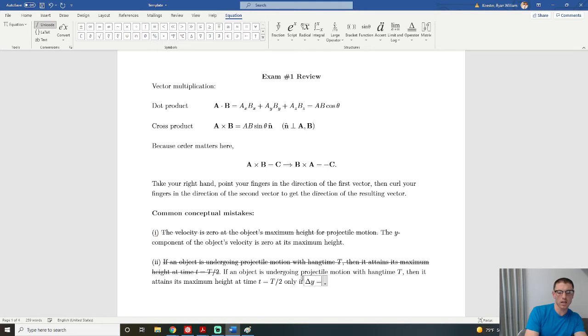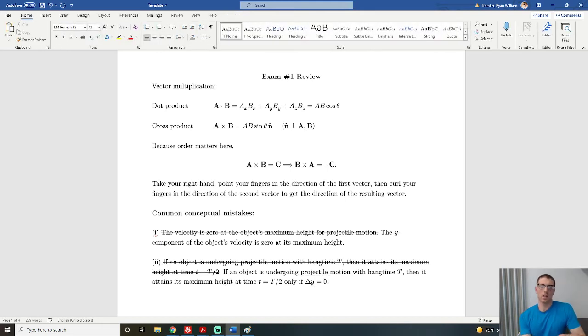Because what we're saying here is that it starts and lands at the same height, right? And we talked about this in the problem we did. We talked about this also when we were discussing the range equation, right? Let me just make sure I'm not saying anything inaccurate or incorrect here. I think this is good. Cool.